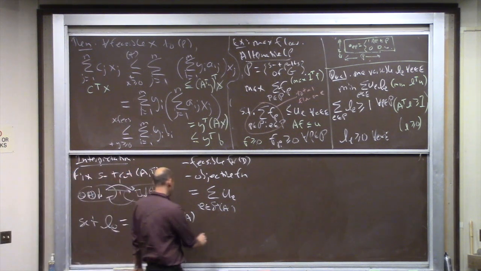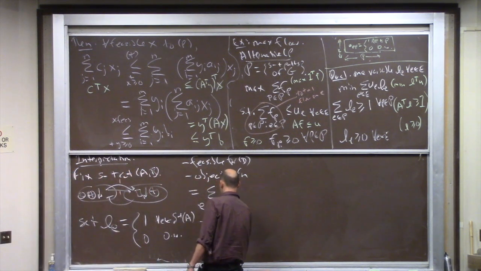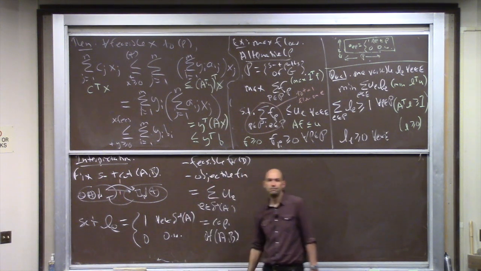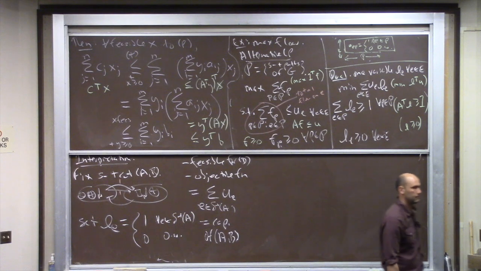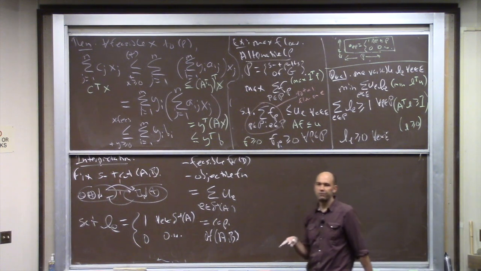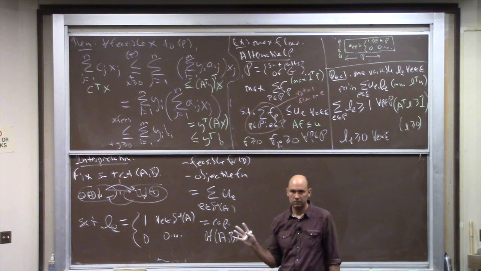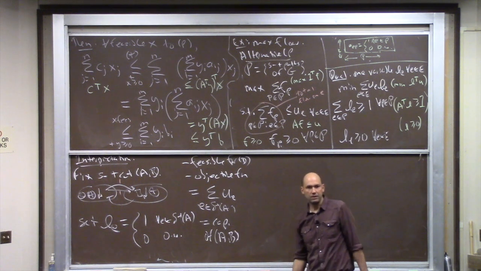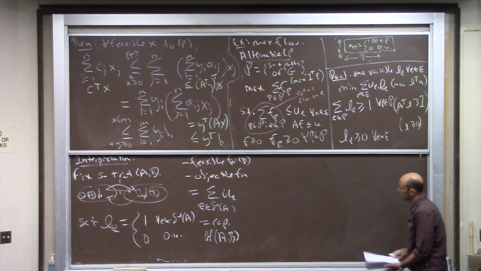This is just the capacity of A comma B. So from every ST cut, I can extract a feasible solution to the dual with objective function value exactly the same, equal to the capacity of the cut. Okay?